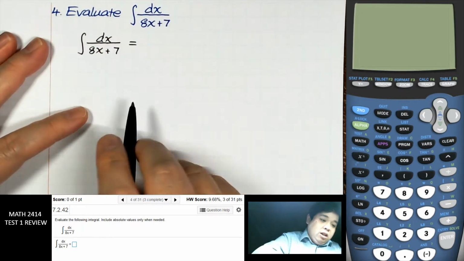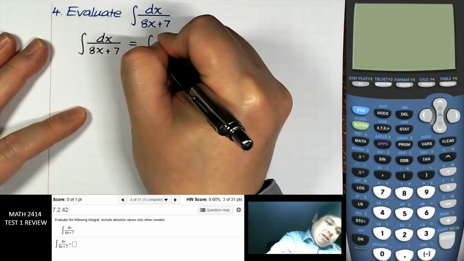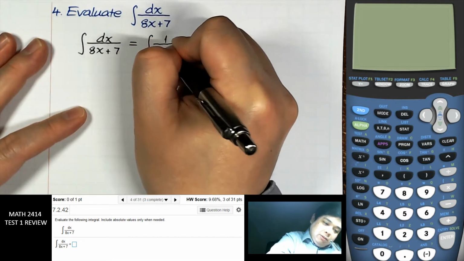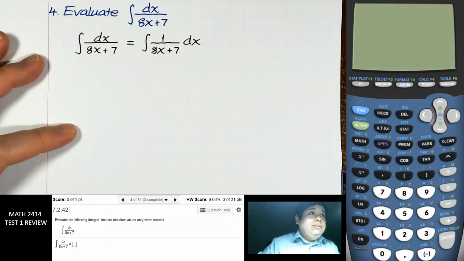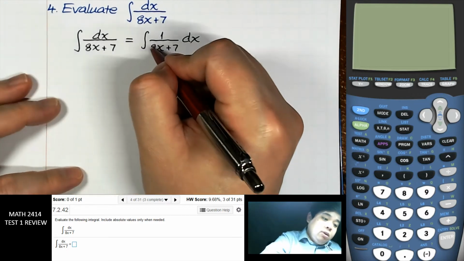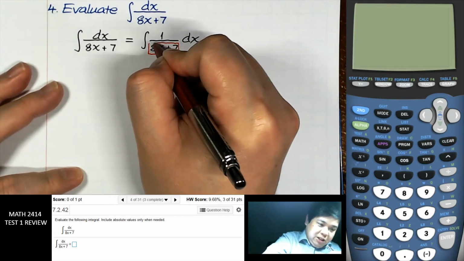Before I do that, I will put the dx on the back. We better that way. And then the substitution, we will let the denominator be u.